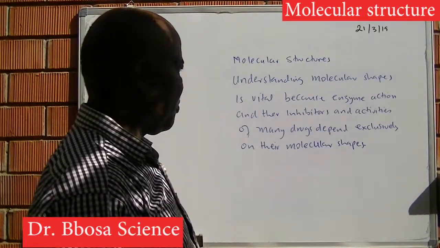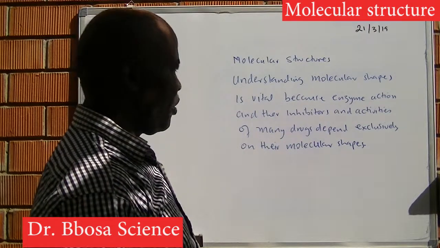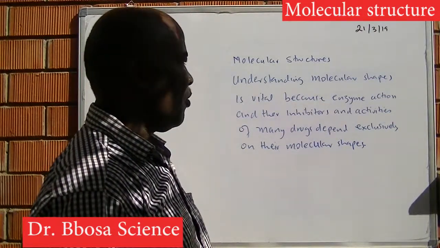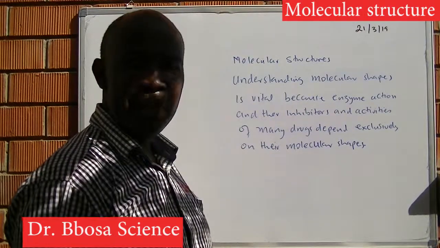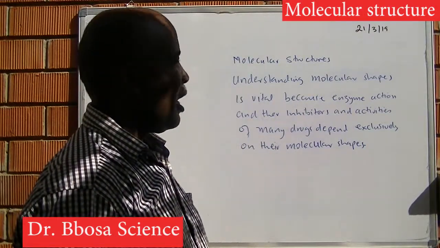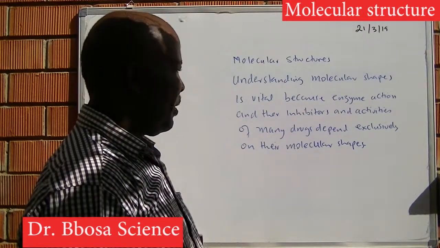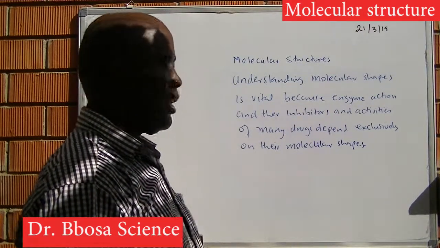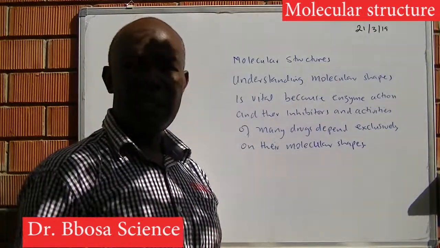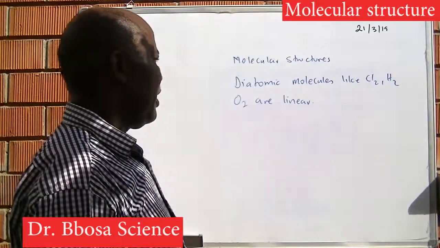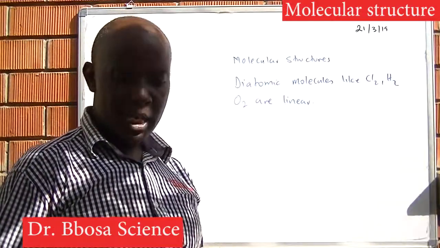Understanding molecular shapes is vital because the action of enzymes and their inhibitors and the activities of many drugs depend exclusively on their molecular structures. The atomic molecules like chlorine, hydrogen, oxygen are linear.